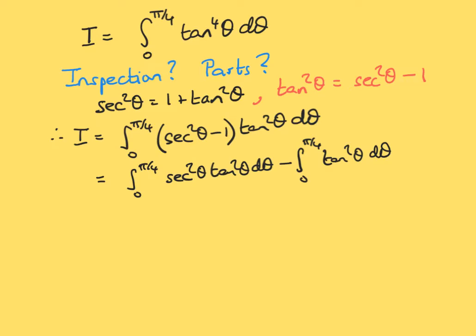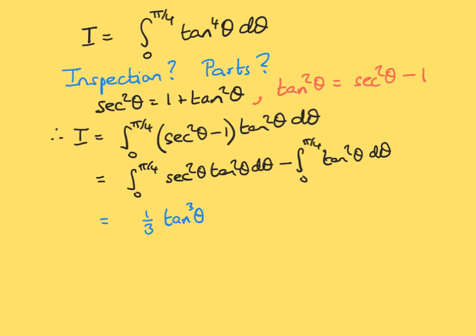So what we're going to obtain from our first integral here is going to be something like tangent of theta, but to a higher power. So we increase the power by 1, tan cubed theta. And now if we differentiate that, we will pull a factor of 3 in front, and we don't want that, so that's easy. We'll just put a factor of a third in front to mop it up. And then if we differentiate, the 3 comes in front, cancels with that. We reduce the power by 1, we have tan squared.